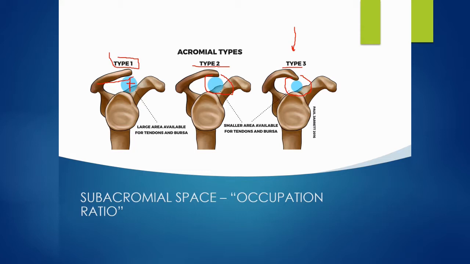You can see that any increase in size of the structures in the subacromial space is quickly going to fill up the space and increase the occupation ratio, the ratio between the amount of available space in the subacromial space compared to the amount of substance within that space.